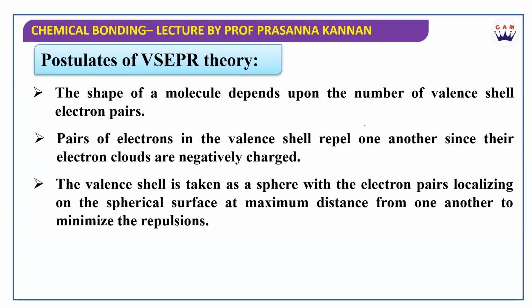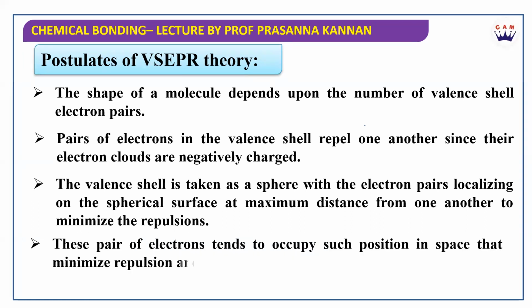Because of the repulsion, they'll be stable. The molecule will be stable if there is maximum distance between the electron pairs. These pairs of electrons tend to occupy such positions in space so that there is minimum repulsion and thus maximum separation between them, leading to minimum energy and more stability.